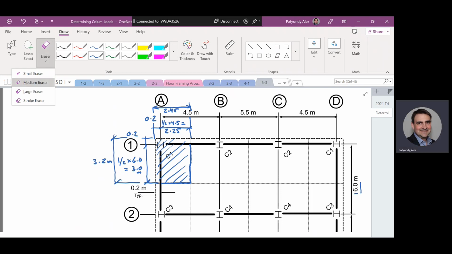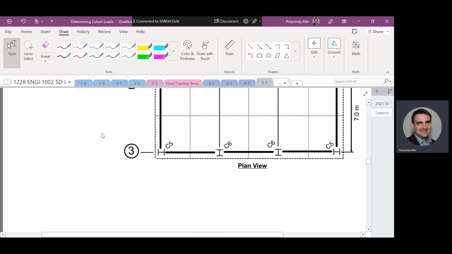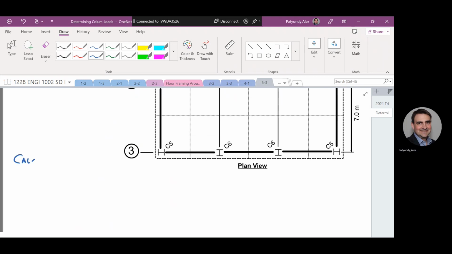A little bit smaller. Okay, and so now below here, scroll down a little bit. I'm going to be calculating tributary area per column.